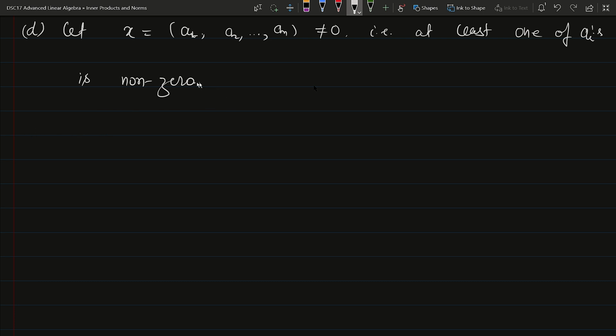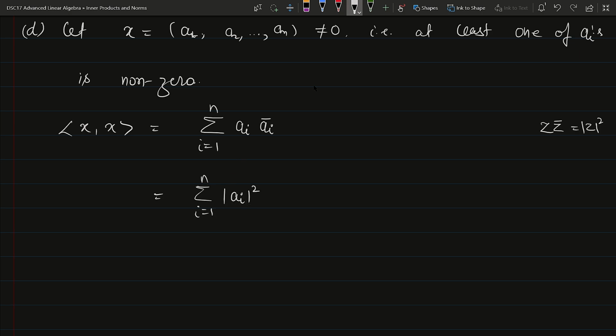Okay, so then what can you say about x comma x? So this is nothing but summation i is equal to 1 to n of ai and ai bar, and we know z z bar is same as mod of z square. So we can write this is equal to i is equal to 1 to n, and this will be mod of ai square, right?